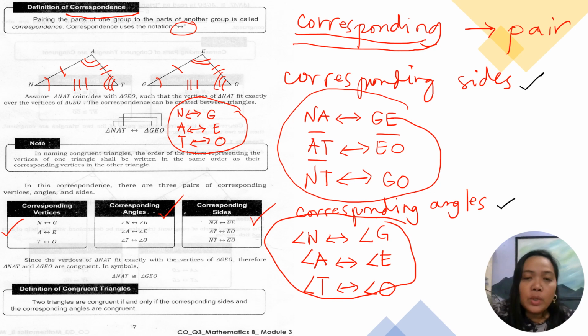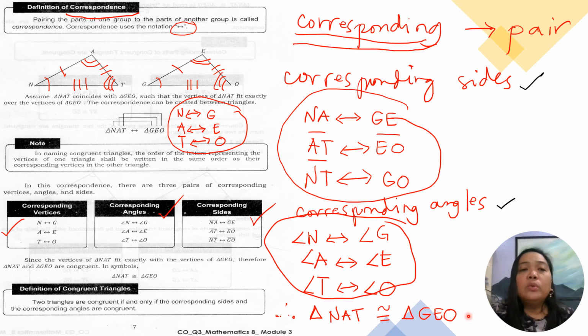How were we able to make a conclusion that triangle NAT is congruent to triangle GEO?